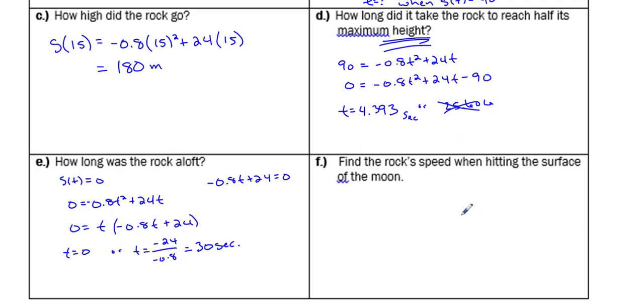Find the rock's speed. All right, absolute value of V of t when hitting the surface of the moon. So that'd be V of what? 30?